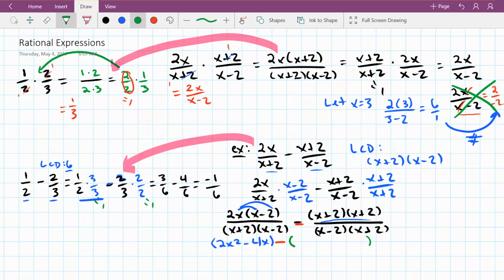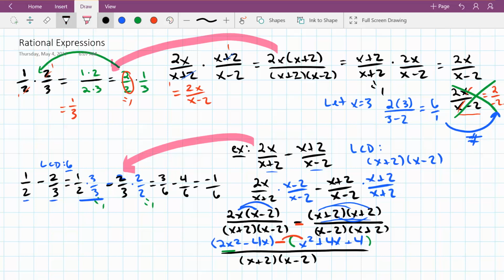Foiling this, we have x squared plus 2x plus another 2x. I'm going to skip a step here and just say 4x because we have two 2x's, and then plus 4, all over this LCD, x plus 2, x minus 2. Now, this takeaway: we have 2x squared minus an x squared. When we bring that in, minus x squared.